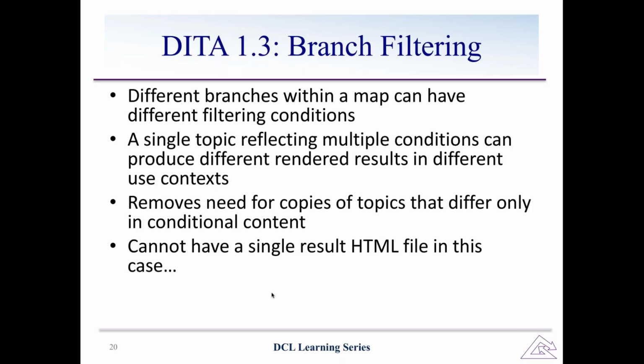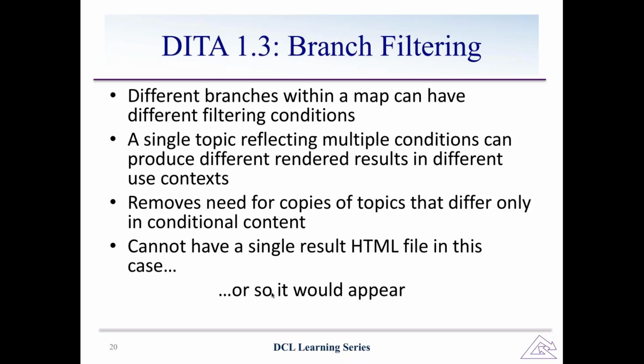Yeah, so that breaks one of the basic assumptions of, for example, the DITA Open Toolkit HTML transform, which was that for every topic in, I could have one HTML file result without worrying about how many times that topic was used. Right? So I say, all right, we cannot have a single result HTML file in the case.